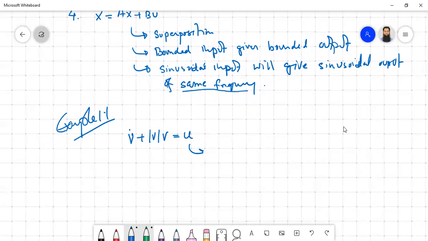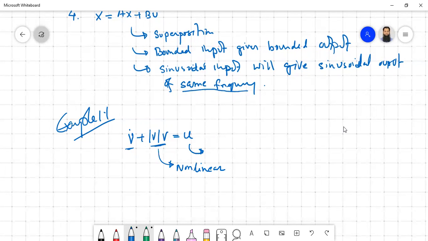U is the input, v is your velocity, and v square is the nonlinear component, also known as square law drag. In mechanical terminology, it introduces the nonlinearity in the system of your underwater vehicle.